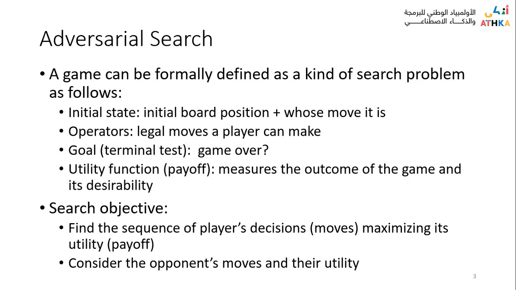Then we have the operators, or the operations that we can actually do, and we need to tell the computer what the legal operations and legal moves are. For example, when you're playing a game, if you have a position that was already selected, then you cannot select that position. That is a rule, an operation that we need to tell the computer before we can program it to play the game correctly.